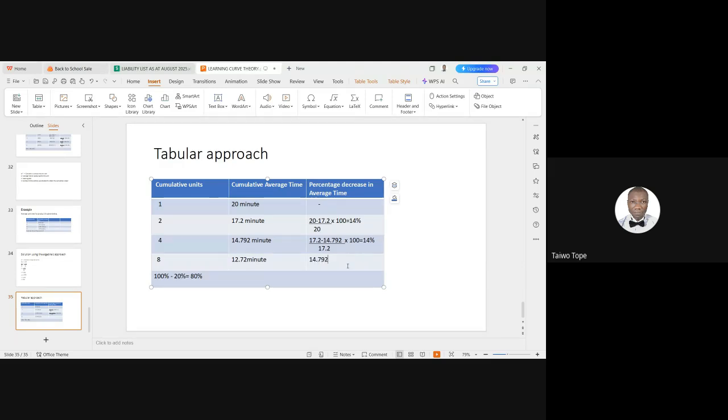The next one will be 14.792 minus 12.72 divided by 14.79 multiplied by 100.